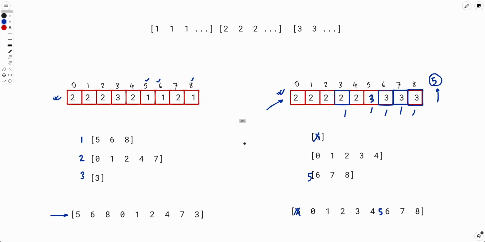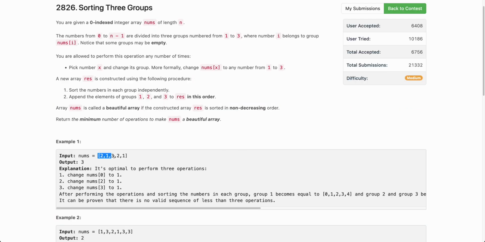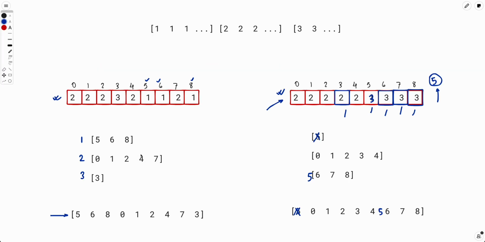If you haven't reached this state during the contest or after solving the problem, I would encourage you to pause and try to think of the problem again. Basically, now you just need to figure out how many minimum number of operations are required to sort this array. That's it.